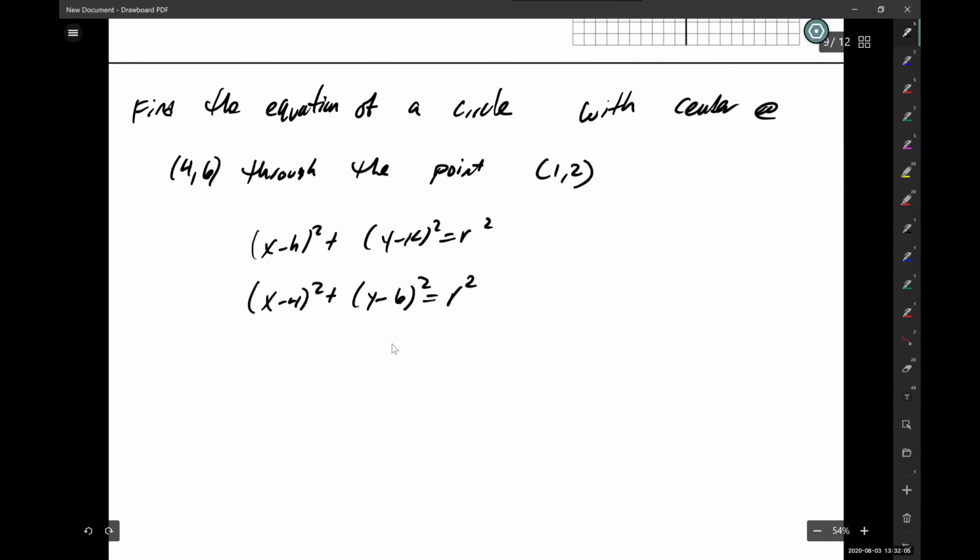If we think about this, we have this point (4, 6), that's my center, and I know I want to go through this point (1, 2). So I draw my circle. What we need to find is that radius distance, which is just the distance from the blue to this red point. So this would be an example of us using our distance formula.